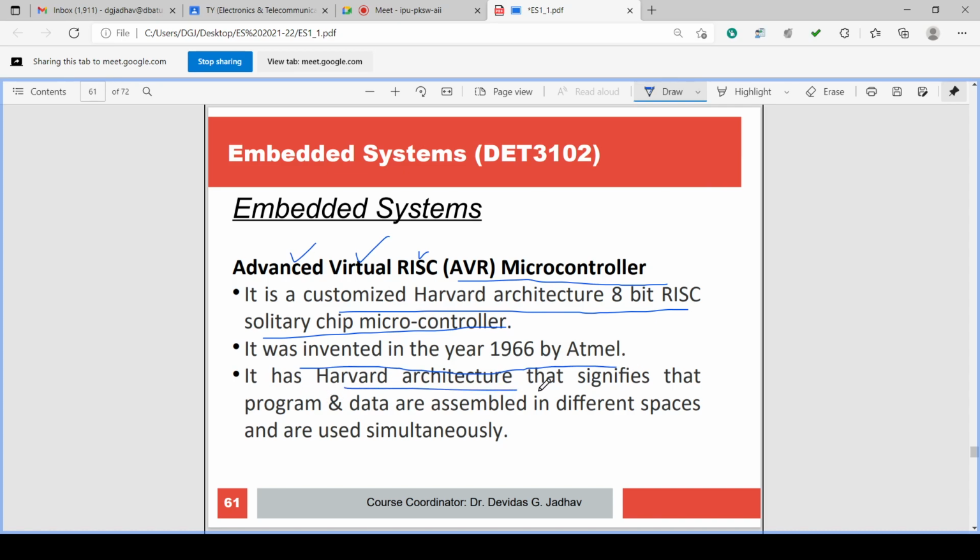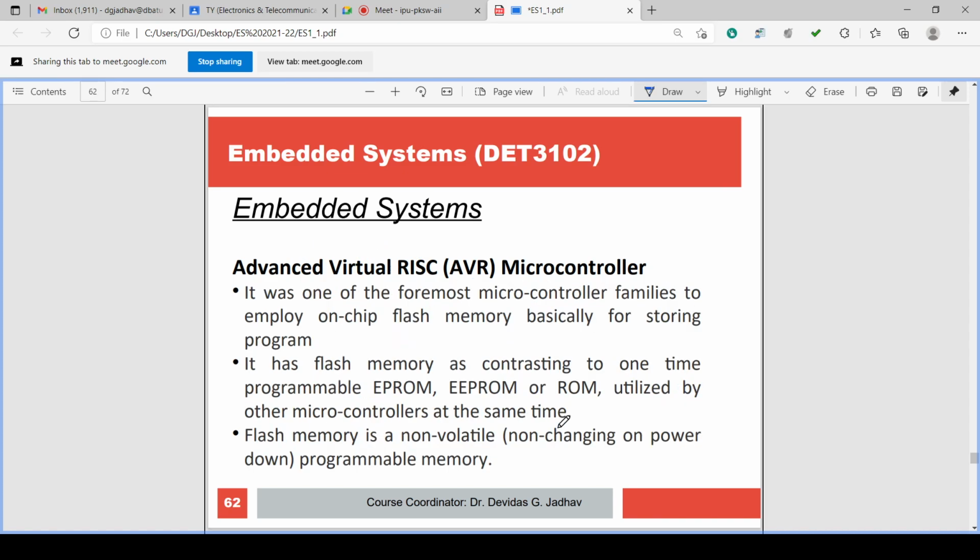It has Harvard architecture, which signifies program and data are stored in different spaces and can be used simultaneously.